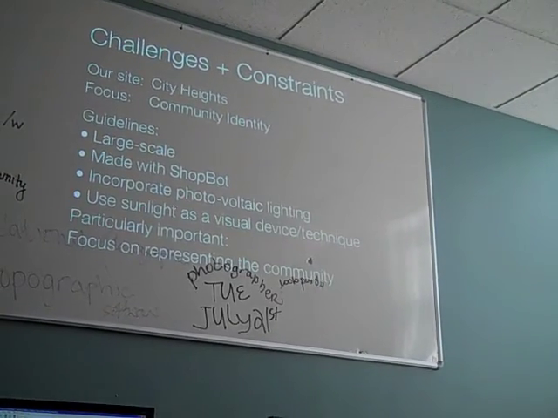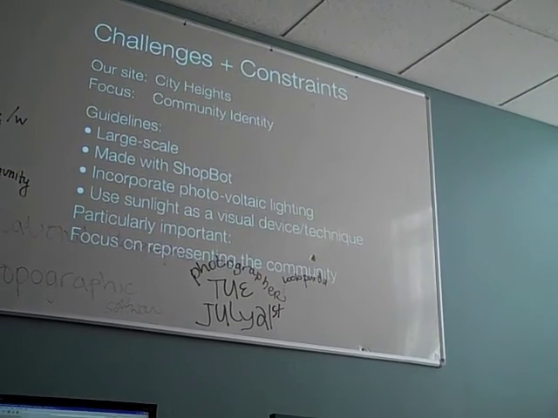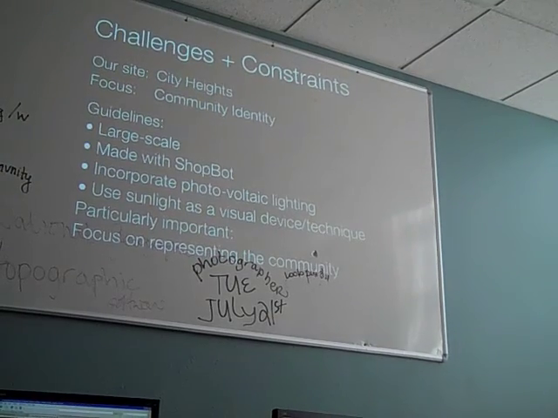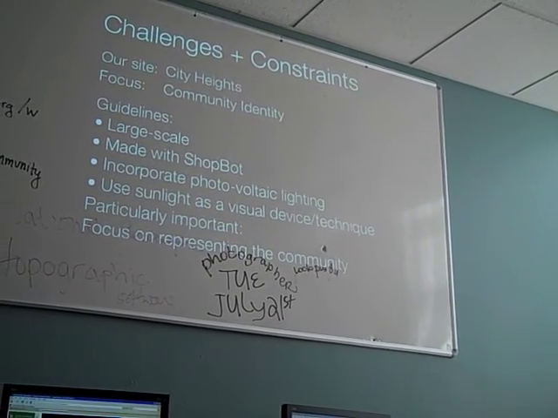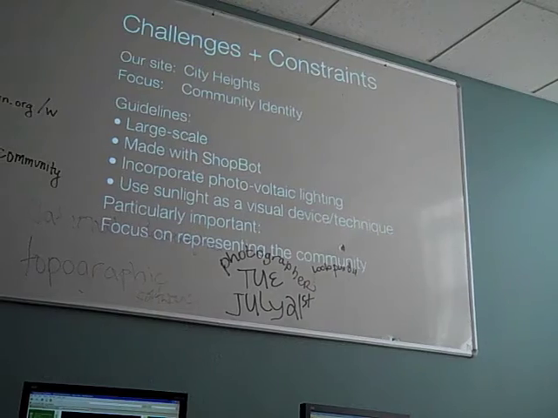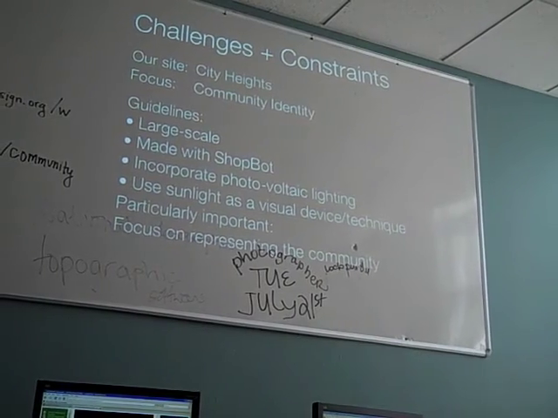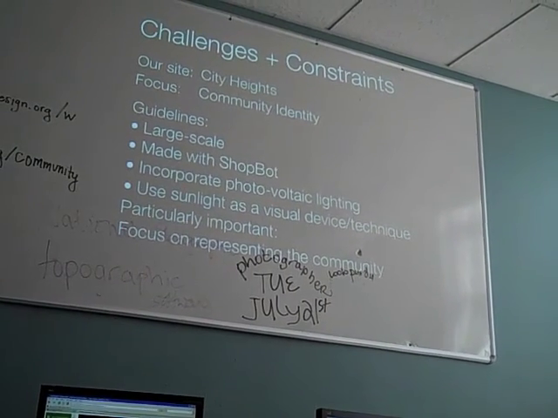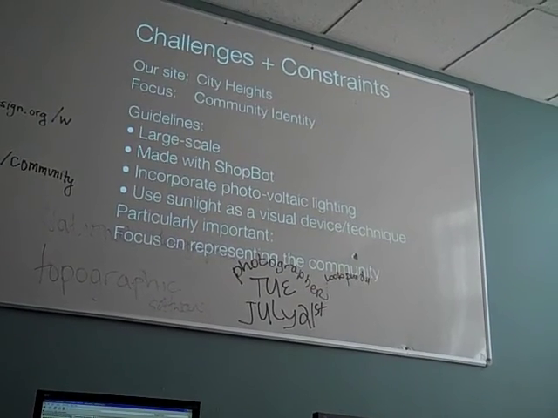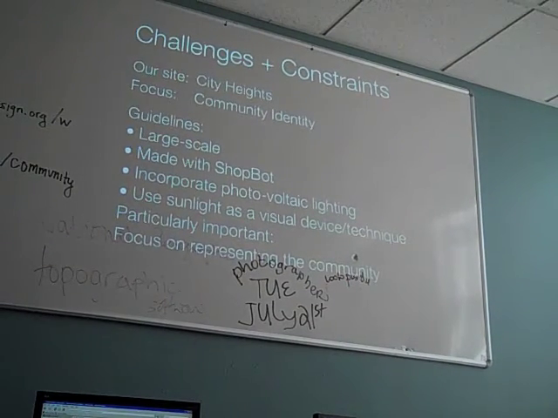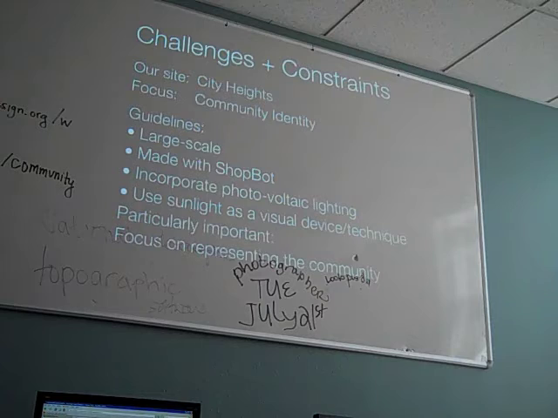So here are the guidelines. We're imagining it's large scale because we want to make it with the ShopBot. And there are some ideas of incorporating solar paneling. We recently bought this lamp, and it generates energy throughout the day, and then during the night it'll light up.